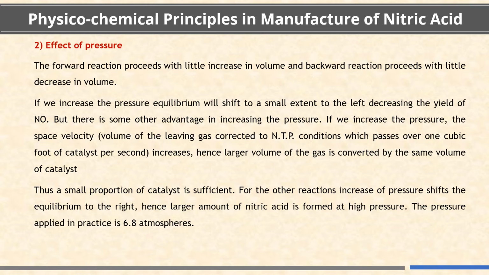Thus, a small proportion of catalyst is sufficient. For further reaction, increase of pressure shifts the equilibrium to the right. Hence, a larger amount of nitric acid is formed at high pressure. The pressure applied in practice is 6.8 atmospheres.